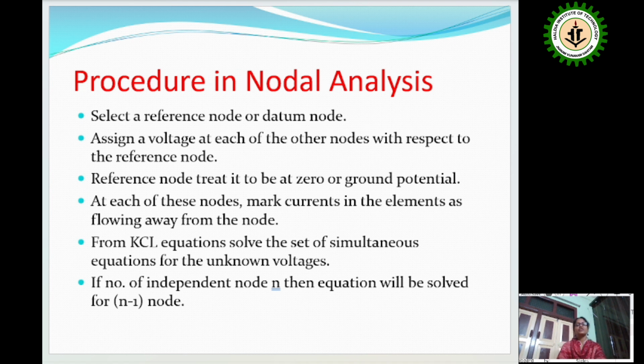Then at each of these nodes mark currents in the elements as flowing away from the node. From KCL equations, solve the set of simultaneous equations for the unknown voltages. If number of independent node is n, then equation will be solved for n minus 1 node.